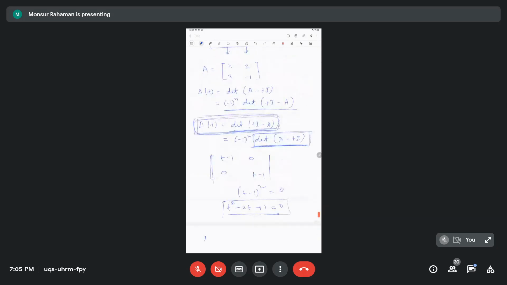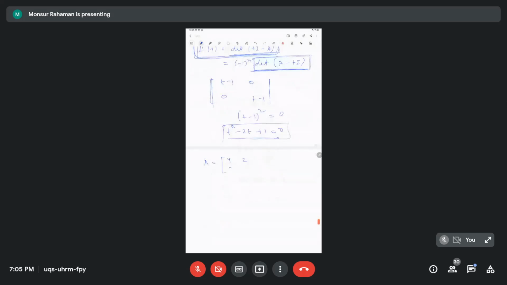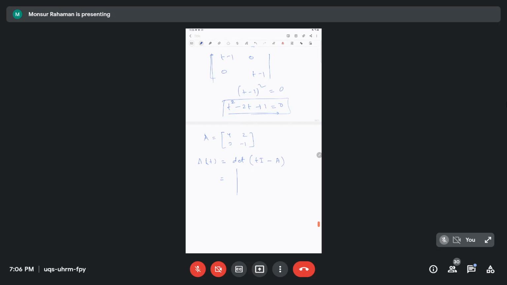Take the matrix 4, 2, 3, minus 1. Its characteristic equation is determinant of tI minus A equals 0. Let's just change it by minus 1, because it is a 2 by 2 matrix, so squared, the determinant of A minus tI equals 0; it doesn't affect the result.